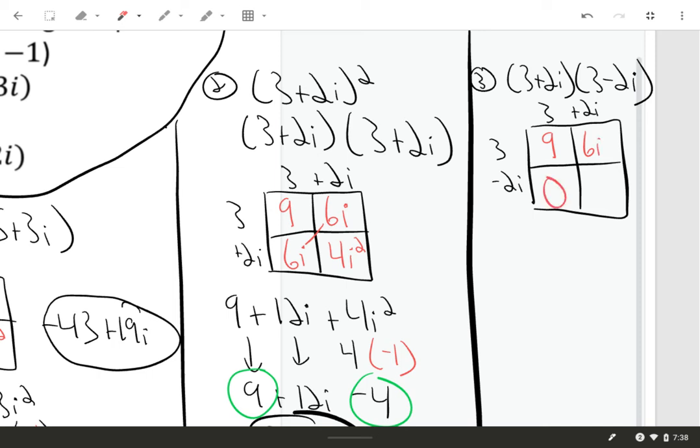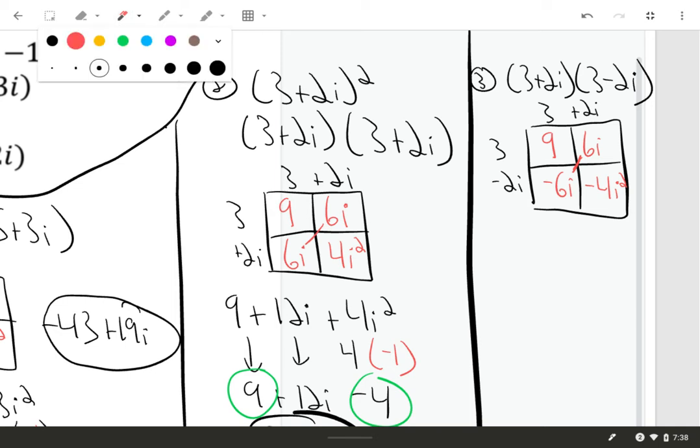Okay, this one right here is 3 times -2i is going to be -6i. And -2i times +2i is going to be -4i squared.